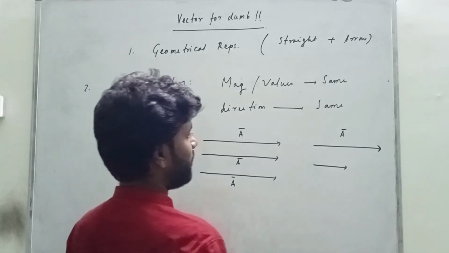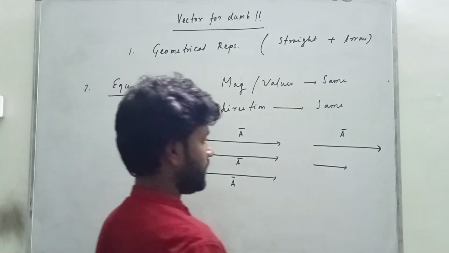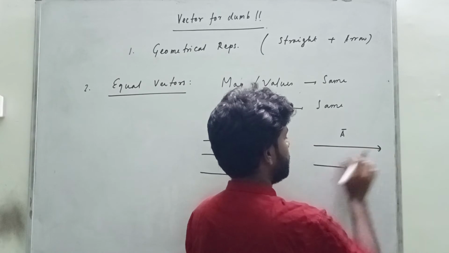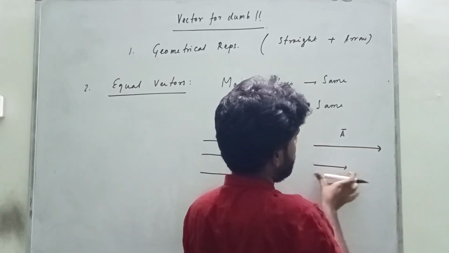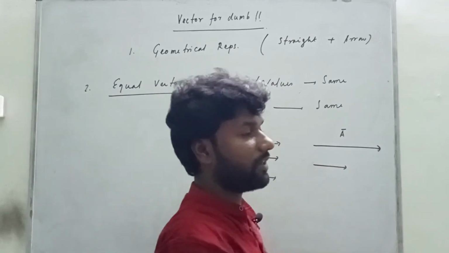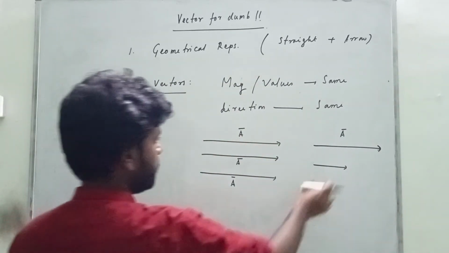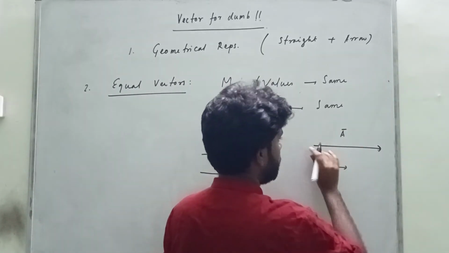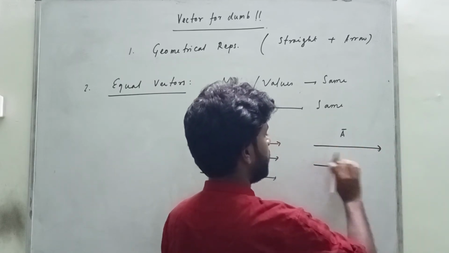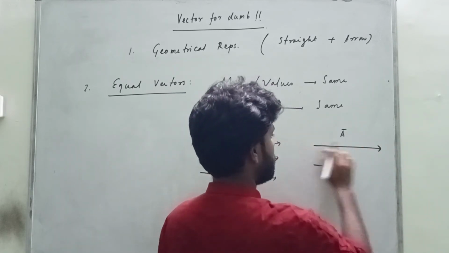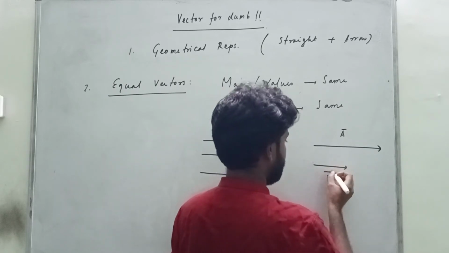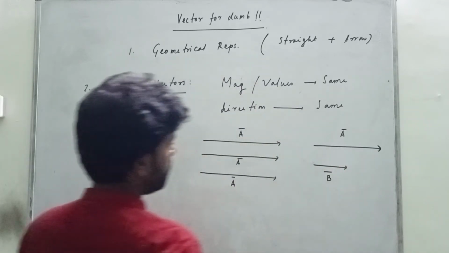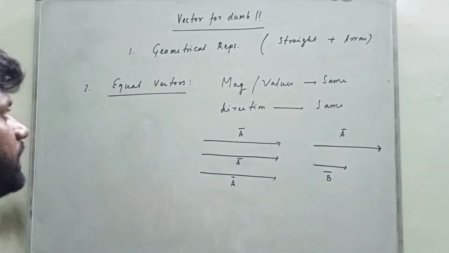I mean the magnitude is not the same. If one is 2 units, the other is half, I mean 1 unit. So you can't call these two vectors the same. So if it is A, then it will go by another name, B, because these two vectors are not the same.